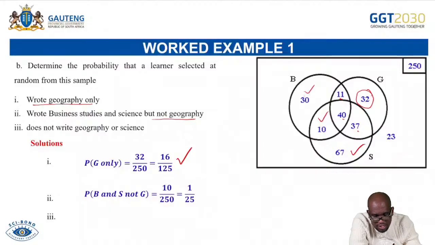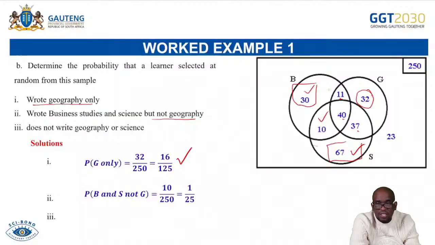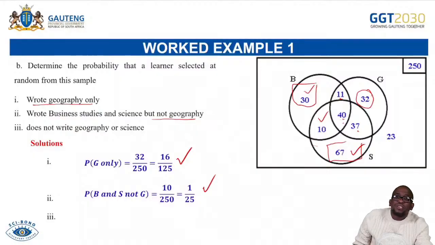So this is business studies only, we exclude this one. This is science only, we exclude this one. If they just said business studies and science, we're going to take everything here. But they said, but not geography, and this 40 includes geography. So this is 10 over 250, which is 1 divided by 25.